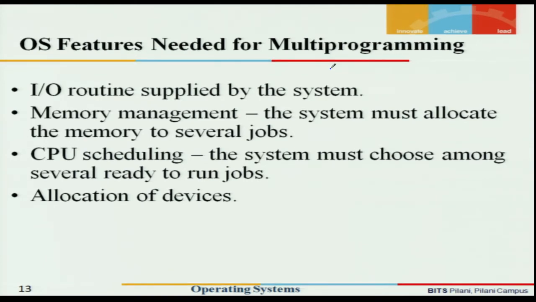So, it is possible that at a given point of time, some devices are allocated to one job, and another set of devices are allocated to another job. So, the allocation of devices and utilization of resources in an optimal manner has to be achieved, and these are the features which would be desired from a multi-programming operating system.